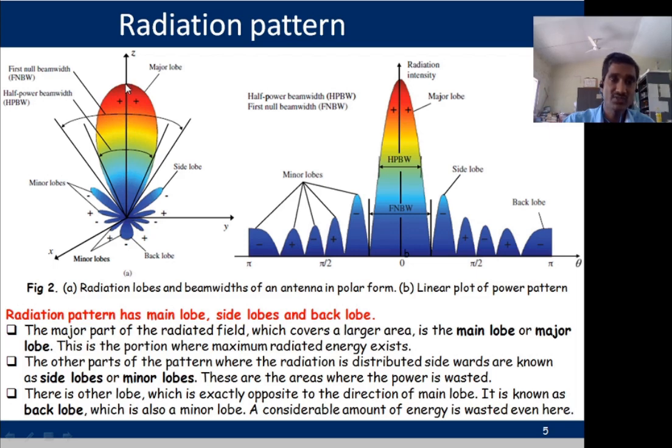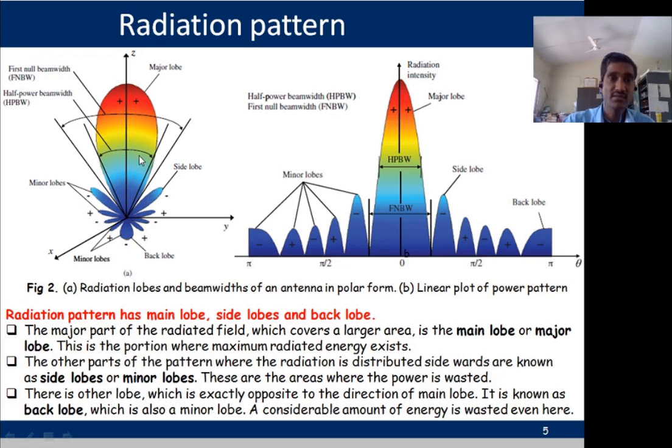That means suppose this is 10 units, and if you multiply this 10 by 0.707, we get something here.